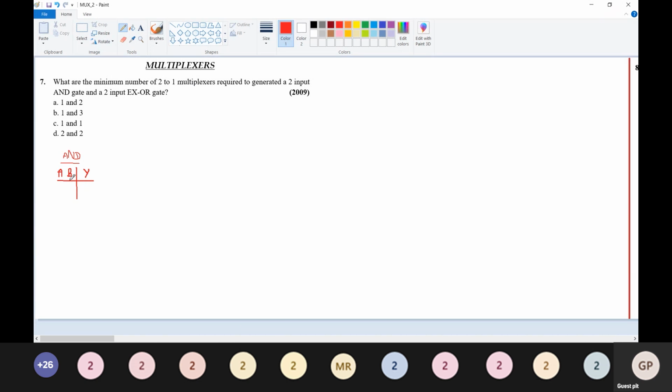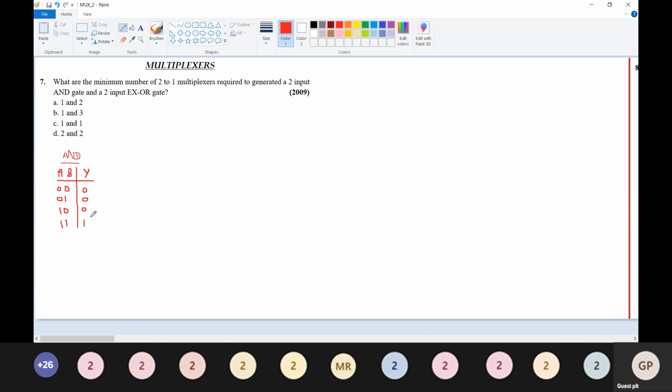A, B are the inputs, and Y is the output. 0, 0; 0, 1; 1, 0; and 1, 1. The outputs are 0, 0, 0, and 1. When all the inputs are high, the output is high. This is the truth table for the AND gate.